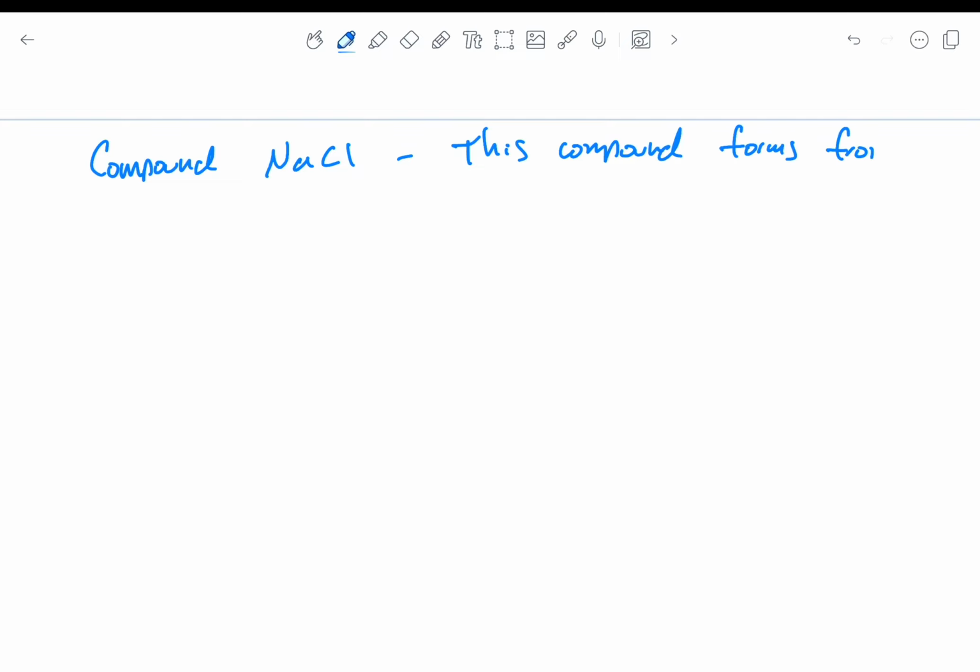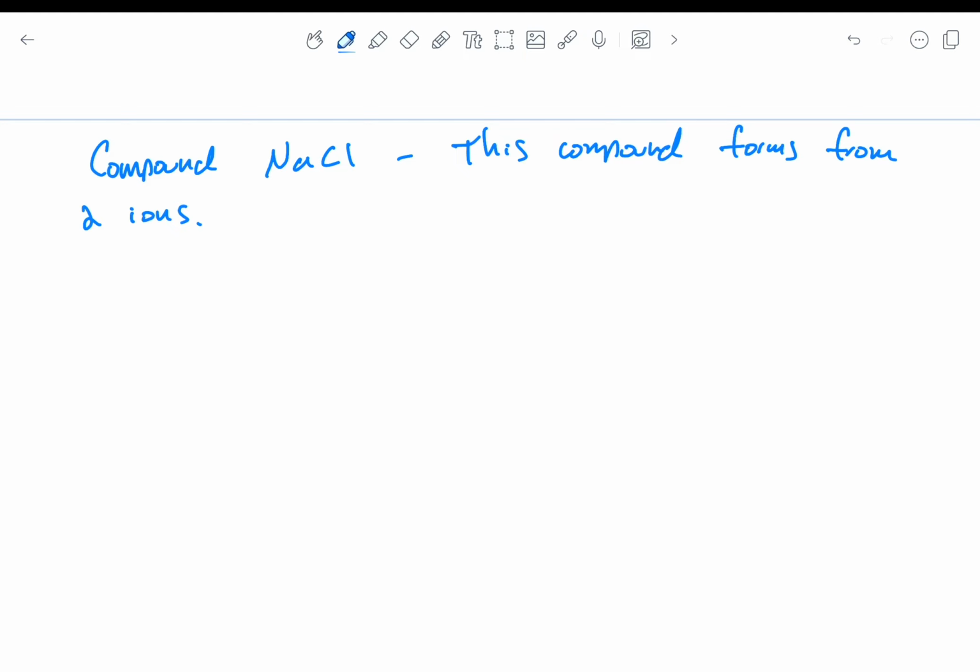On the next page, we are going to look at the compound NaCl. This compound forms from two ions, and we have one that is the cation and one that is the anion.